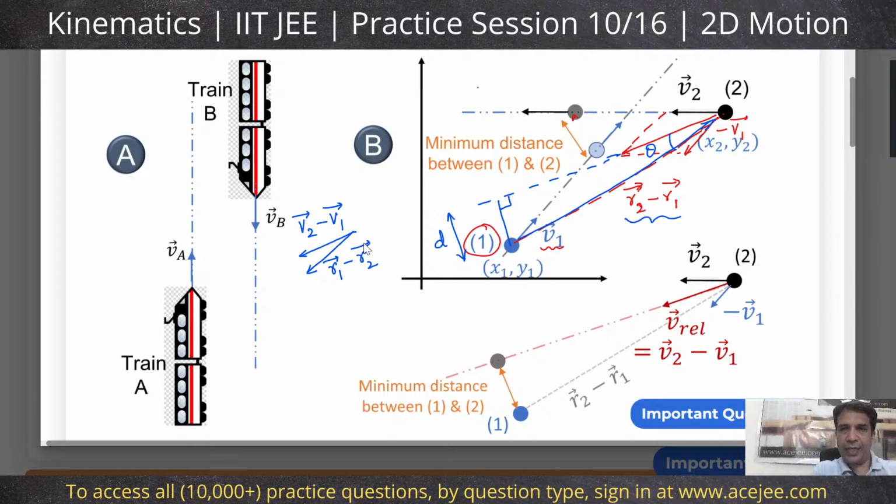Now I can use A dot B equals AB cosine theta to figure this angle out. This angle is theta. Then what is cosine theta?